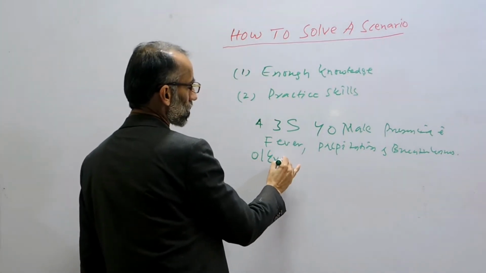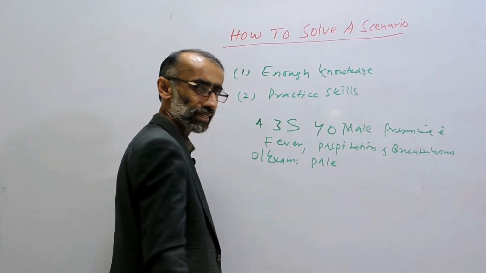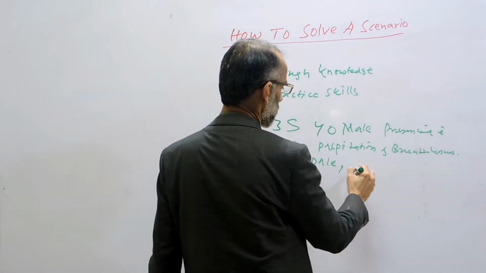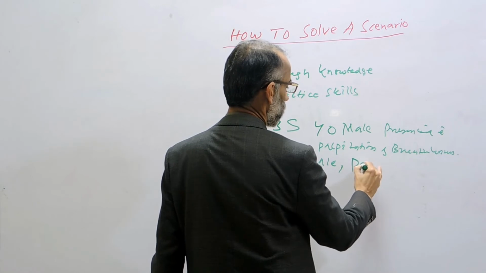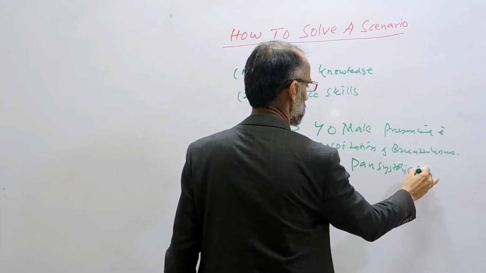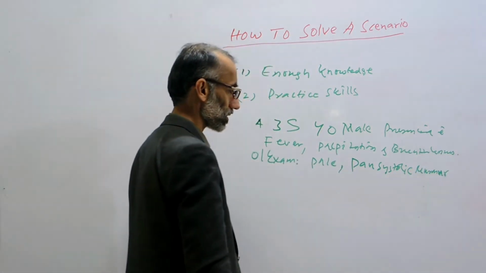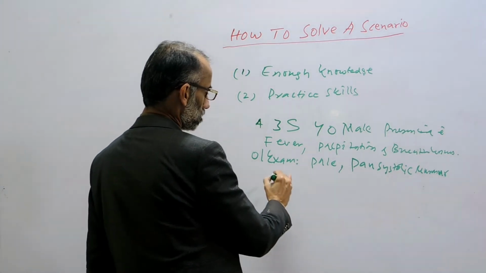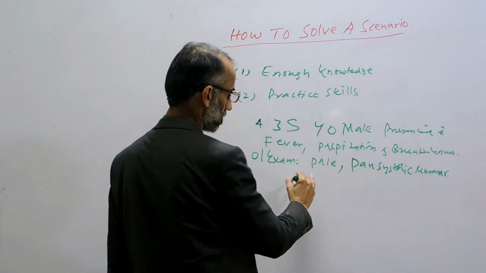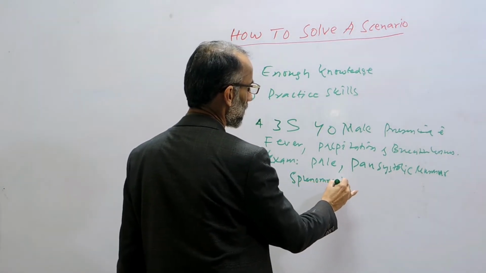On examination, he is pale, pallor is positive, he is having a soft, faint systolic murmur at the apex. Abdominal examination revealed splenomegaly.